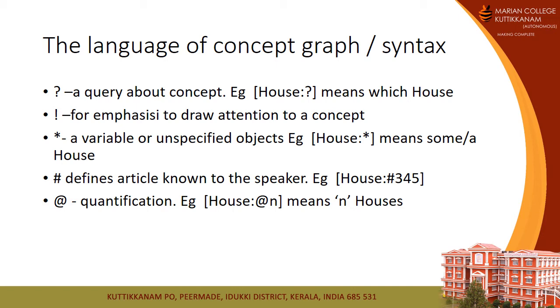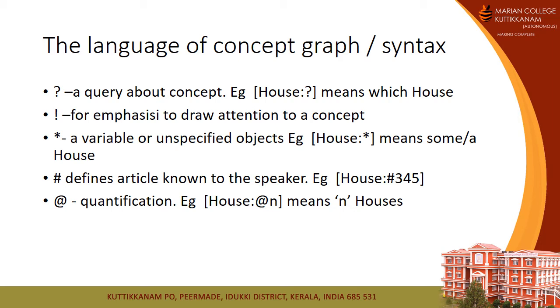The third one is the asterisk, for variables or unspecified objects, used to denote some, a, or something of an object. For example, house star means some house or a house. Then the pound sign defines an article known to the speaker.